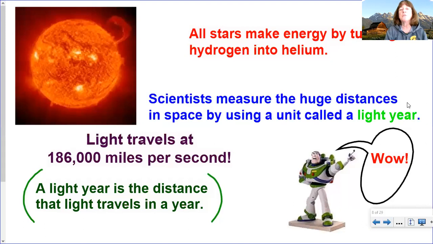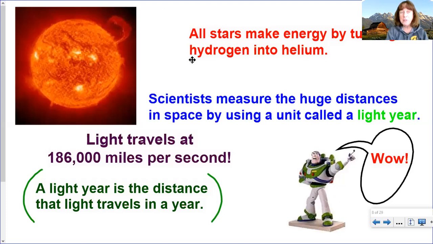So those of you that did our big planets like Jupiter and Saturn and Neptune and Uranus, a lot of you will remember that they have hydrogen and helium also, but they just weren't quite big enough to get started as being a star. Our sun started with hydrogen, and it blows up, those big explosions like you can see in this picture right here, and those explosions create the heat and the light.